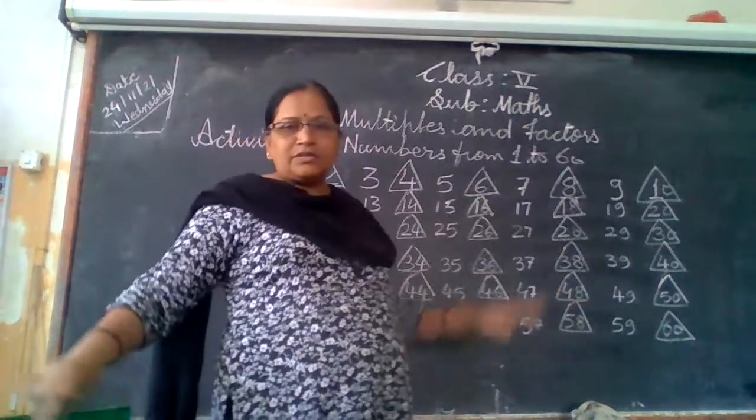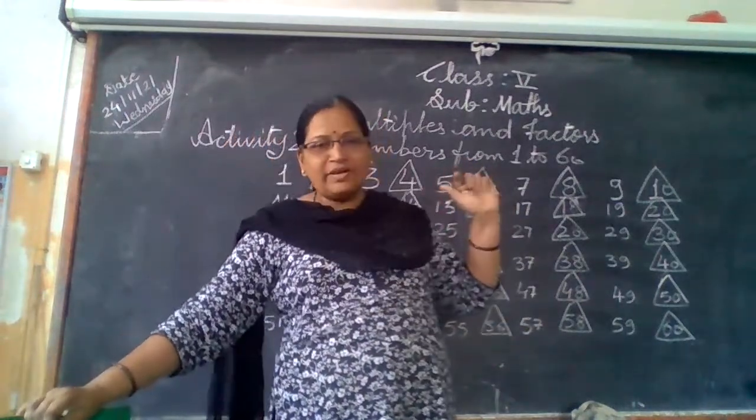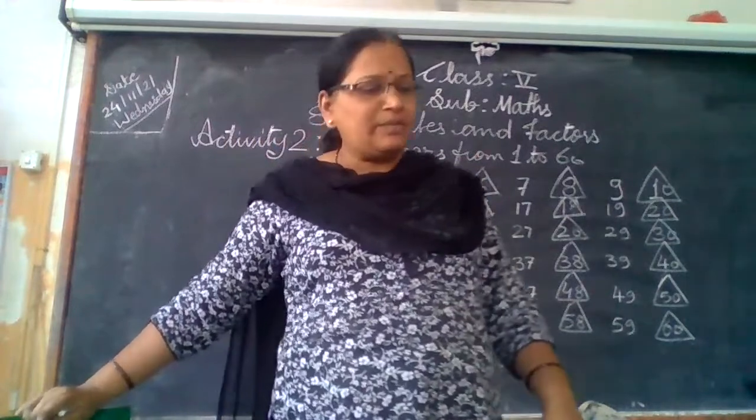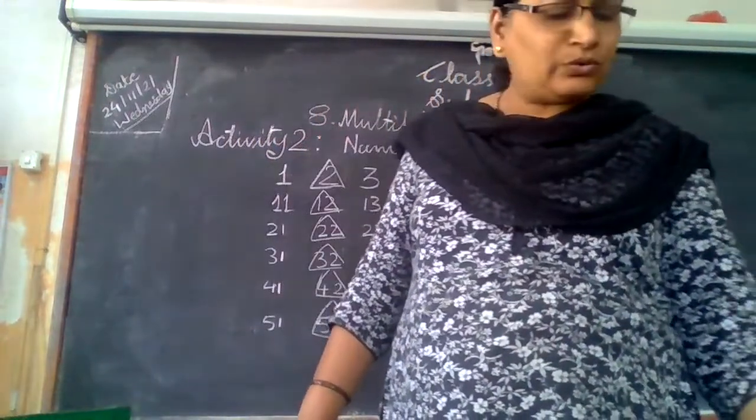So all the numbers having triangles around them are even numbers or the multiples of 2.